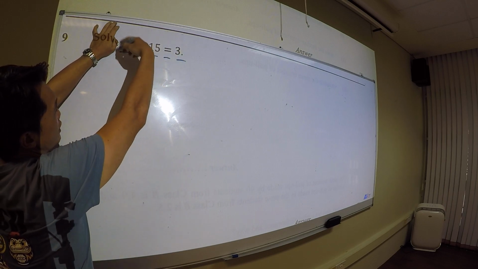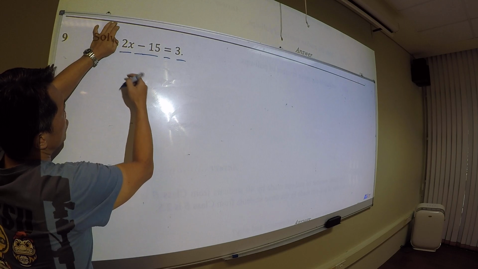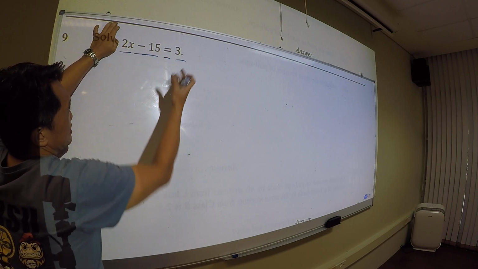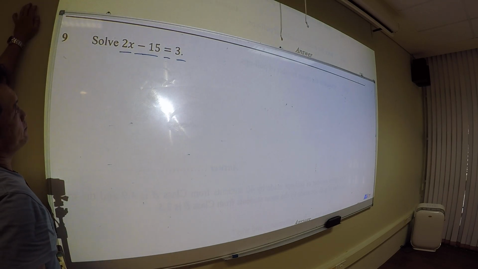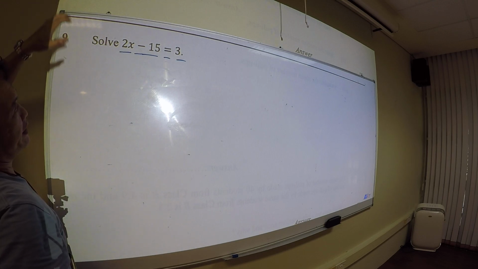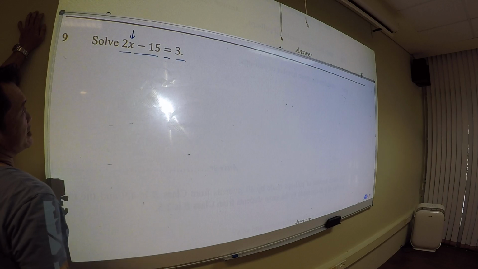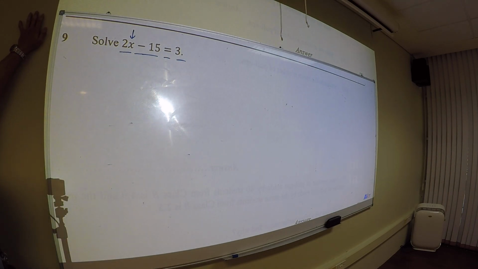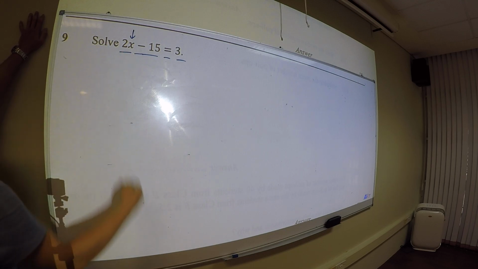Okay, so an equation on its own is just telling you 2 times x minus 15 is the same as 3. Then when they say solve, they are expecting you to find out what this x is that will make left and right the same. That is the meaning of solve. They want you to find the value of x.